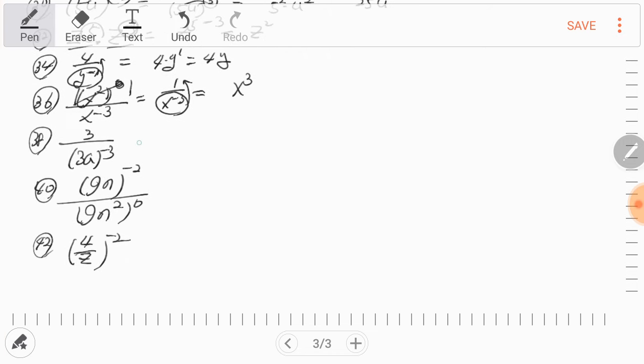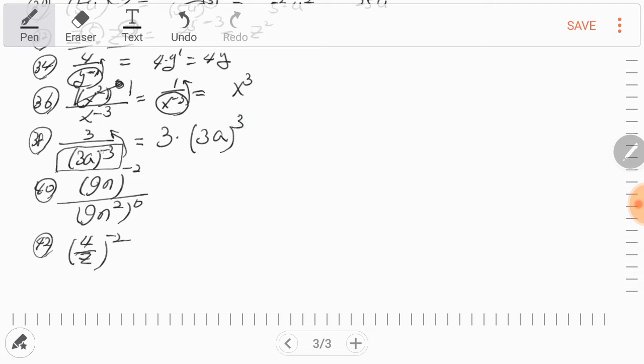Okay, number 38. The numerator is this. The denominator has one exponential form and its exponent is negative. So move this one to the numerator, changing the sign of the exponent. So it will be 3 times 3a to the third power.